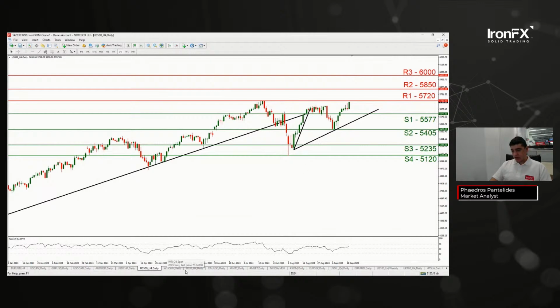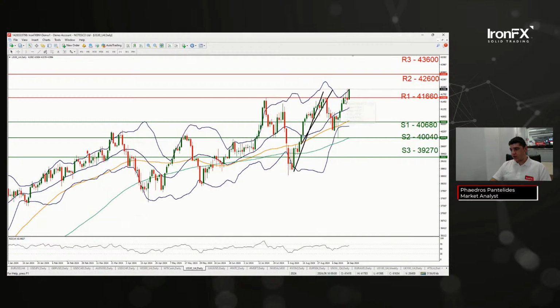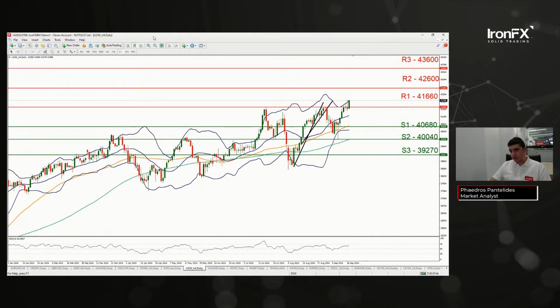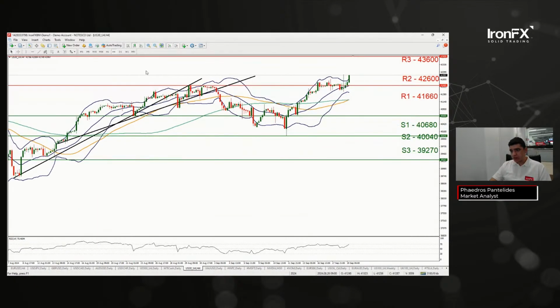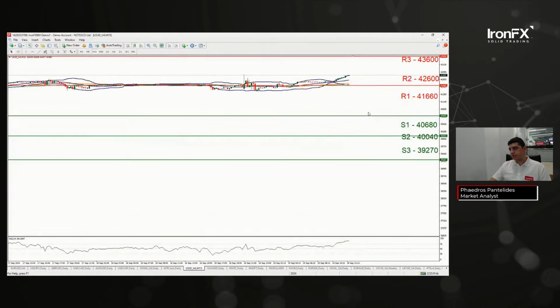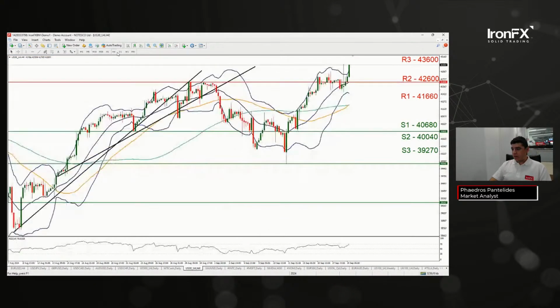Let's look at the Dow Jones 30 as well. Has cleared that R1 level. Note it did find resistance, broke above. All-time high figure just about to be made. Let's look at it together. Just shy of that all-time high figure. Dow Jones moving in upwards fashion.